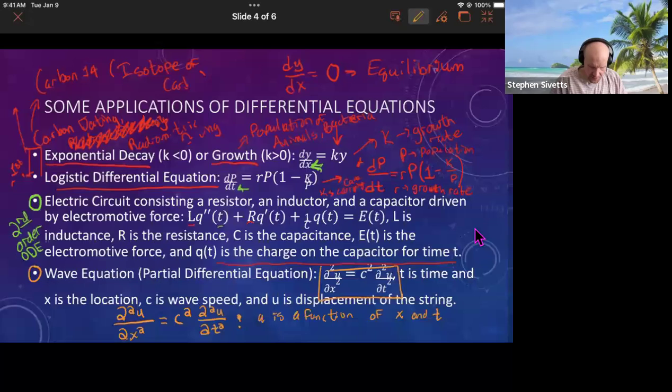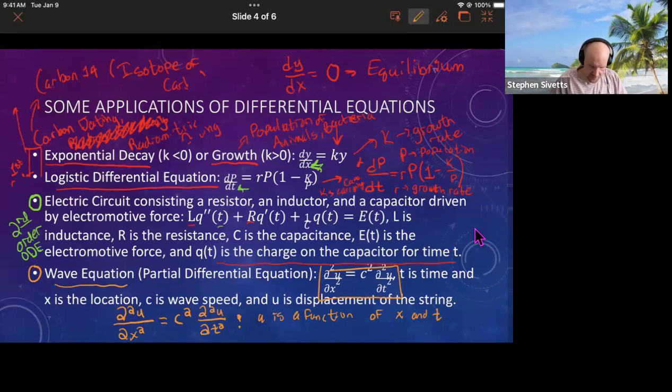So what this is called is the wave equation. T is the time, x is the location of a particle, c is the wave speed constant, and then u is the displacement, right?